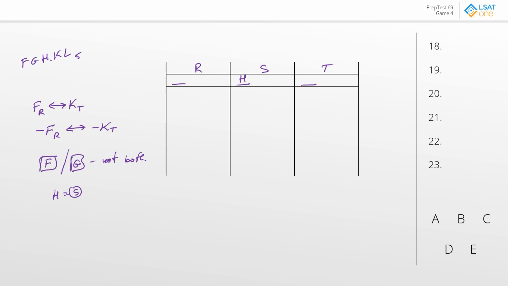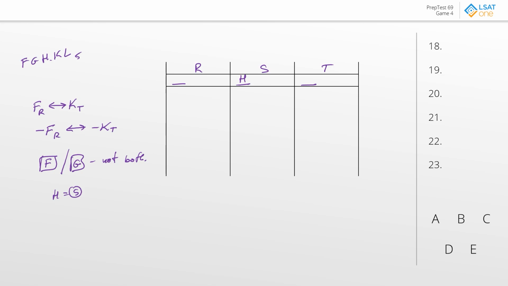But then again, F doesn't have to be here alone either. Actually, if F goes here, then K goes here, then the only way for F or G to be alone would be if it was the F over here. But again, that's only if F was alone there. F could also maybe go alone here, which has fewer implications, or G can be alone in one of those 2. So you know what, I think let's just take a look at the questions.